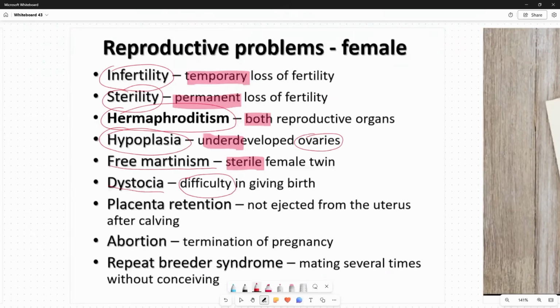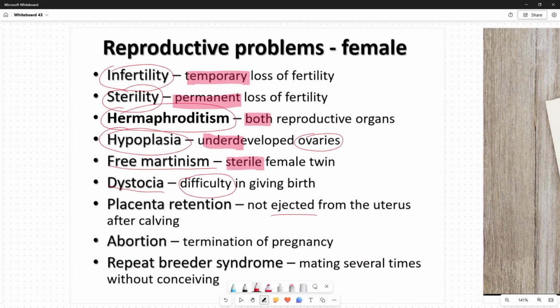And then the other one is placenta retention. After giving birth, the female animal might not have enough strength to eject the placenta. This placenta membrane that is attaching the fetus into the womb of the mother must be expelled from the body. But if there is not enough strength to expel it, placenta can be retained. That is another problem.